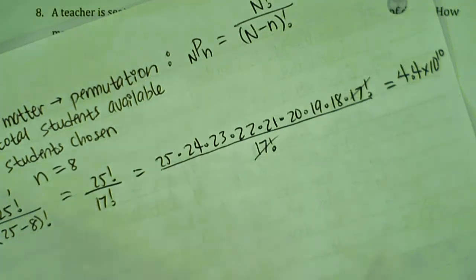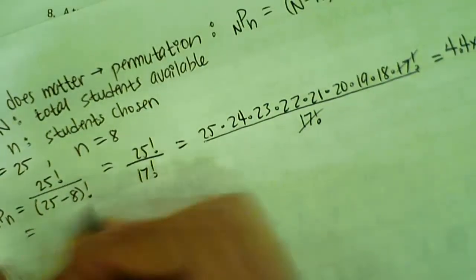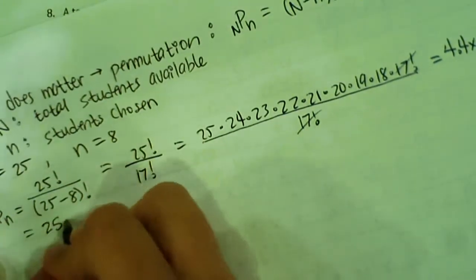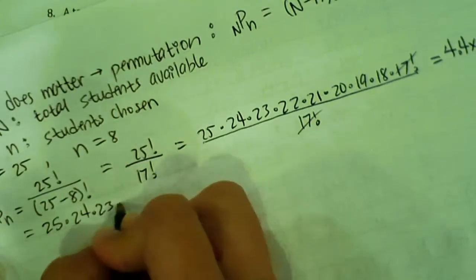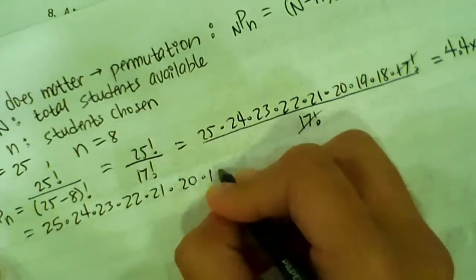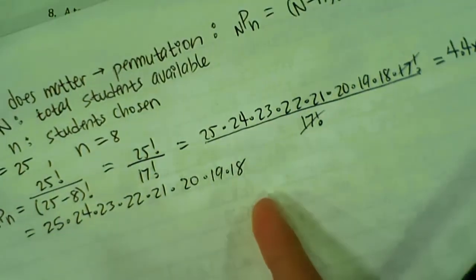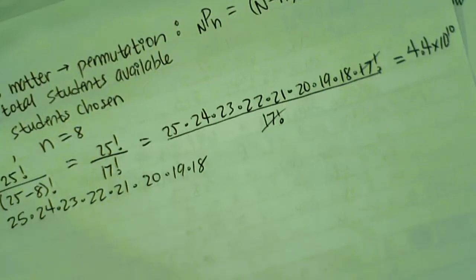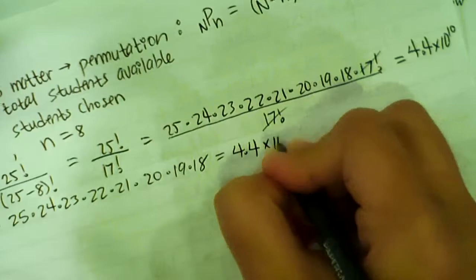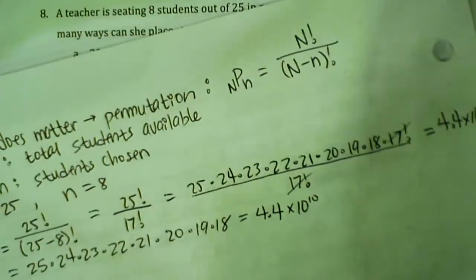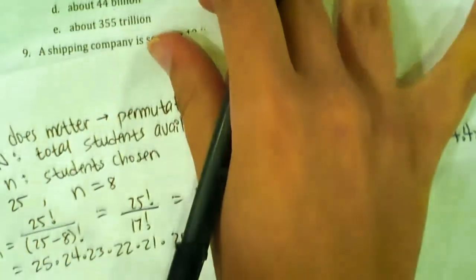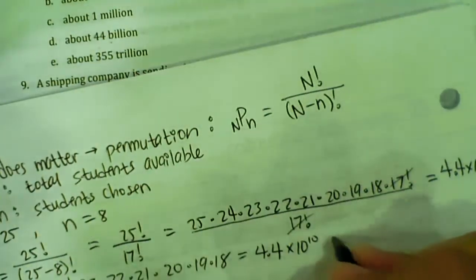Since I took out the 17 factorial, that is just 25 times 24 times 23. I just didn't want to write it all over again. So that is what that equals. And then I guess here, that would be 44 billion.